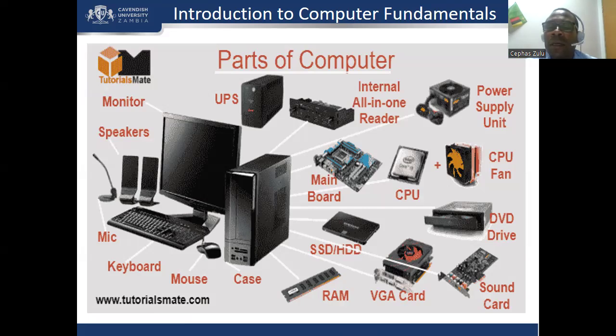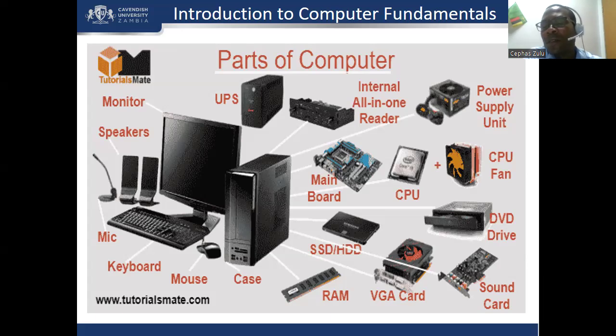Then there's a DVD drive, which is used when you want to write content from your PC onto your DVD disk, which is a digital versatile disk, or a CD.